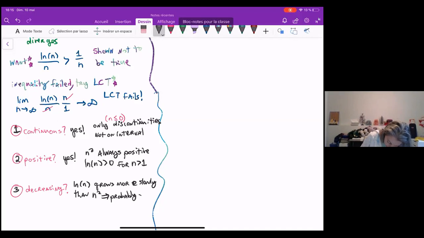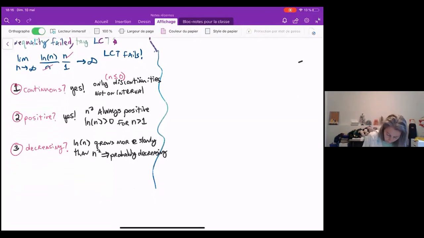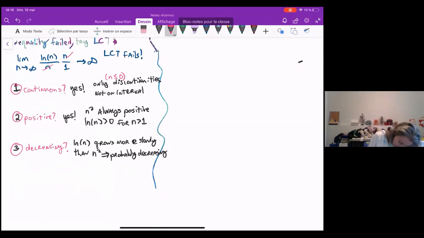That gives us a pretty good intuition that the thing that we want to be happening is happening. That said, it's not really enough to count as a proof. So we're going to actually take the derivative of this thing and show that it's decreasing.